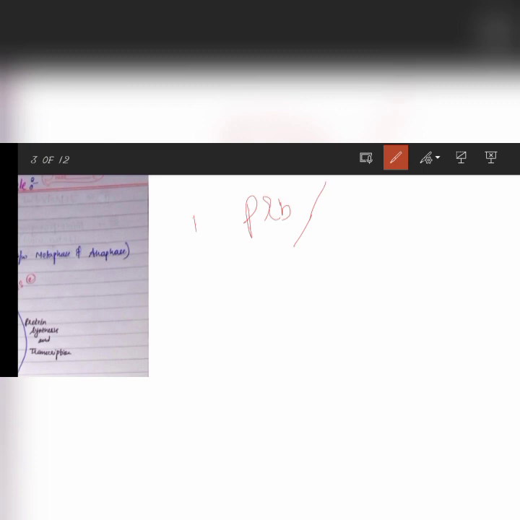And second is E2F. The E2F gene is a group of genes which code for transcription factors. It regulates transcription factors. We'll talk more about E2F further on.